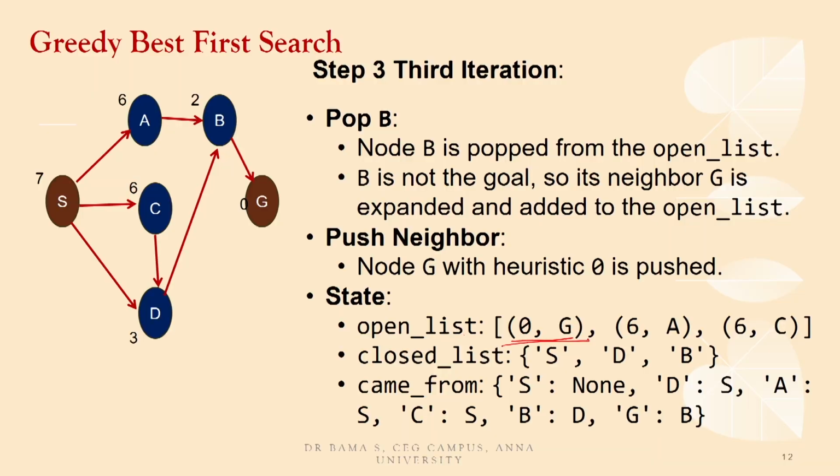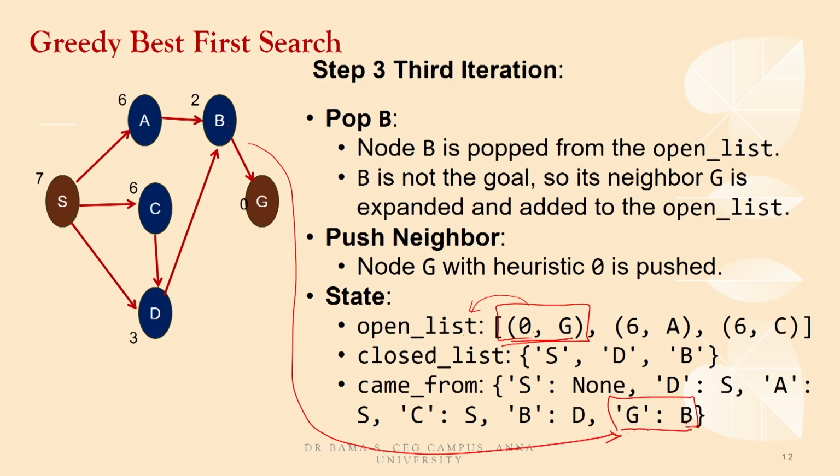So, this has to be popped out of the priority queue and the closed list will be the 3 things S, D and B, and came from will have another append from the previous one and this one, where for goal, B is going to be the parent, and this is being returned here, where G is the child of B.